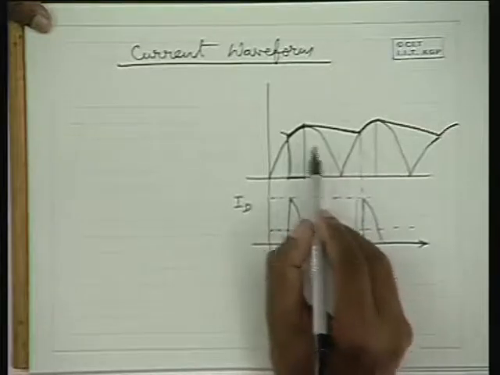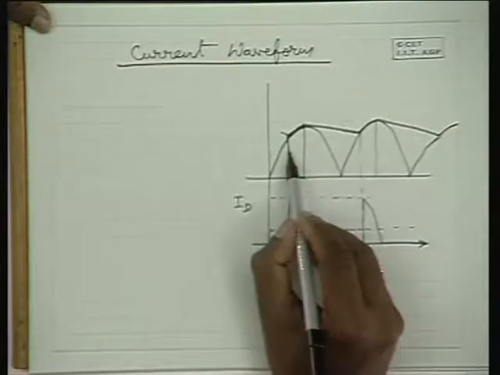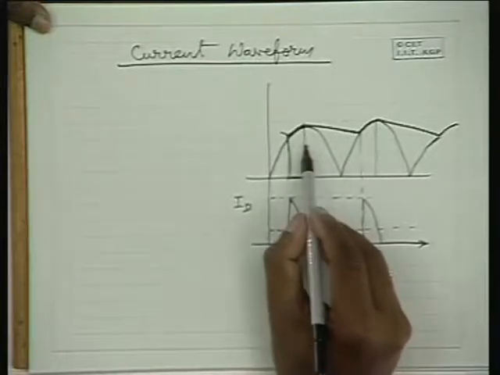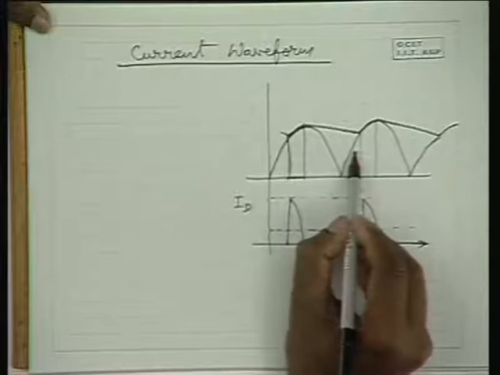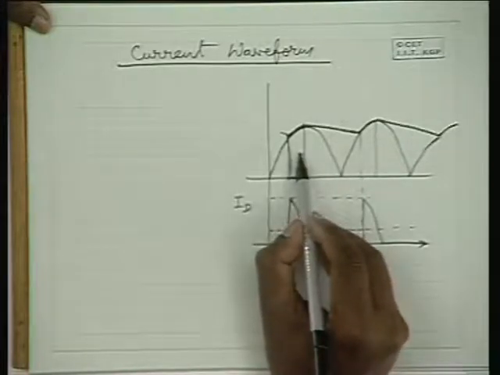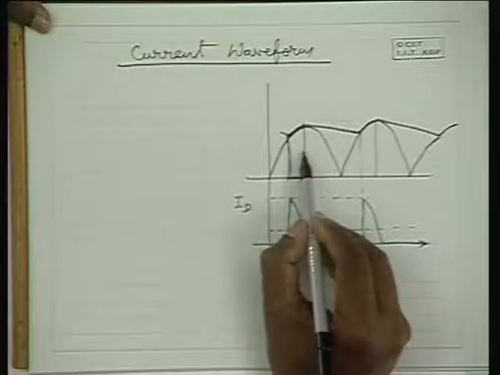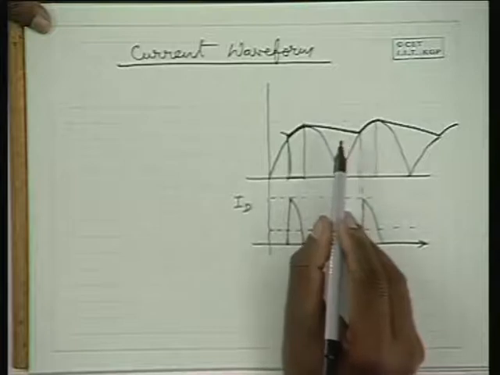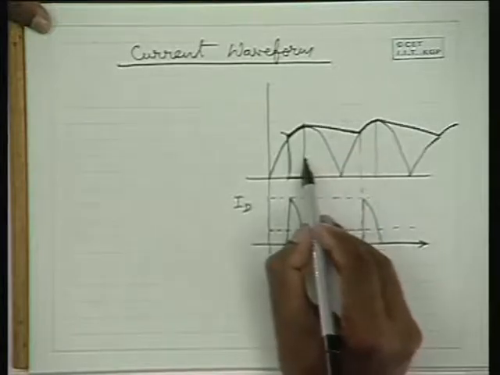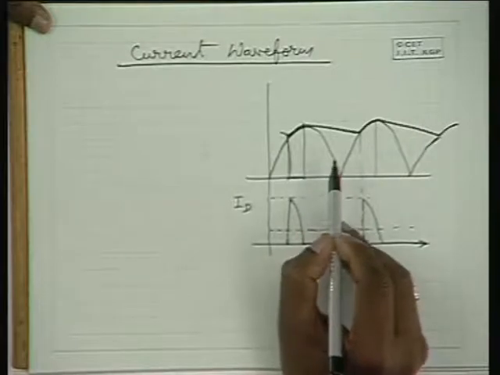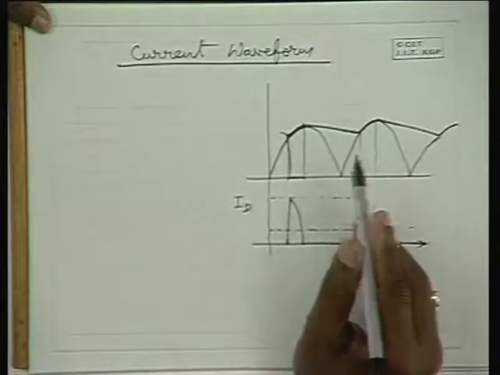That is IDC into the discharge time divided by the charging time, because IDC into the discharging time is equal to I charging into the charging time. Therefore, the ratio of the charging current to the discharging current is the ratio of this time to this time, which is very large, of the order of 100.